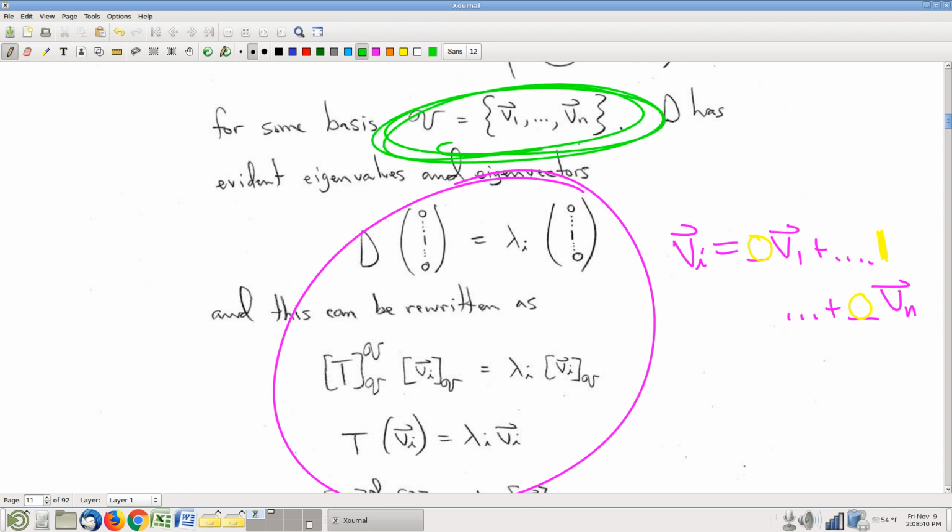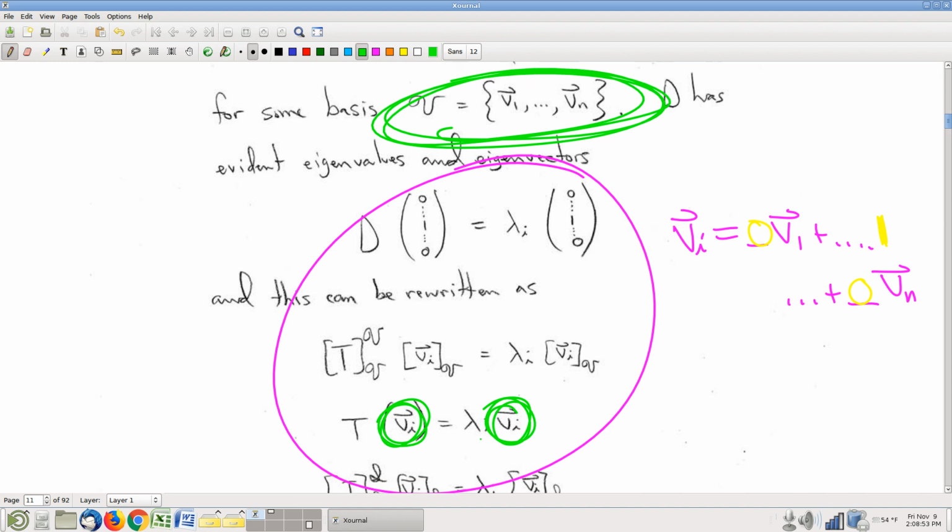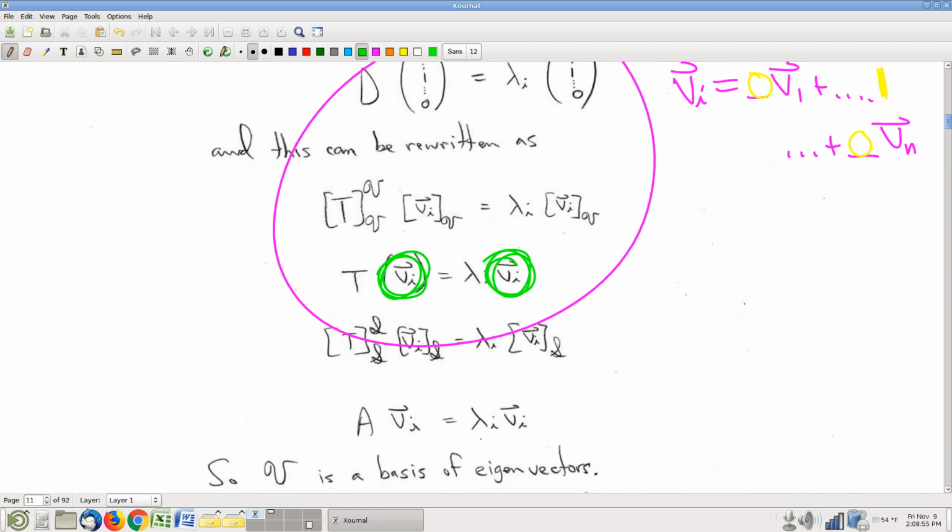What it's telling you is that those vectors are eigenvectors. That's what this equation says. These vectors are eigenvectors of that linear transformation, or if you want to talk in the language of the standard basis, they're eigenvectors of the original matrix A.